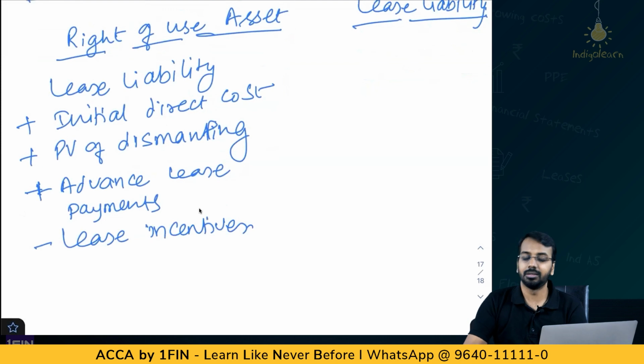So when the lessee accounts for right of use asset, the lessee says the right of use asset is equal to lease liability.